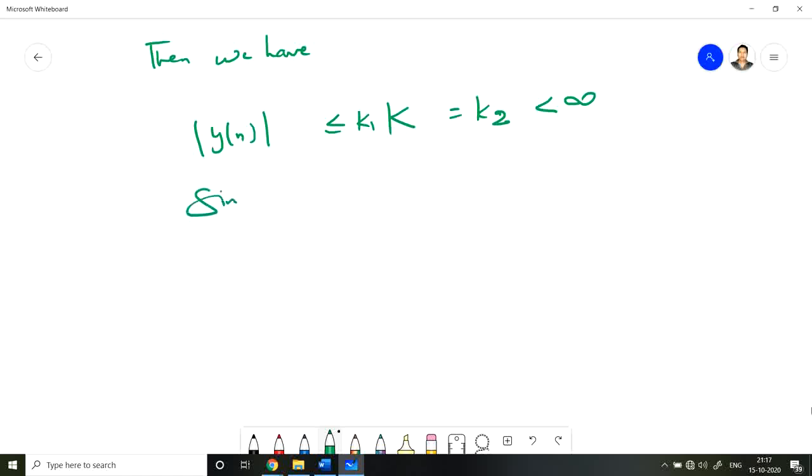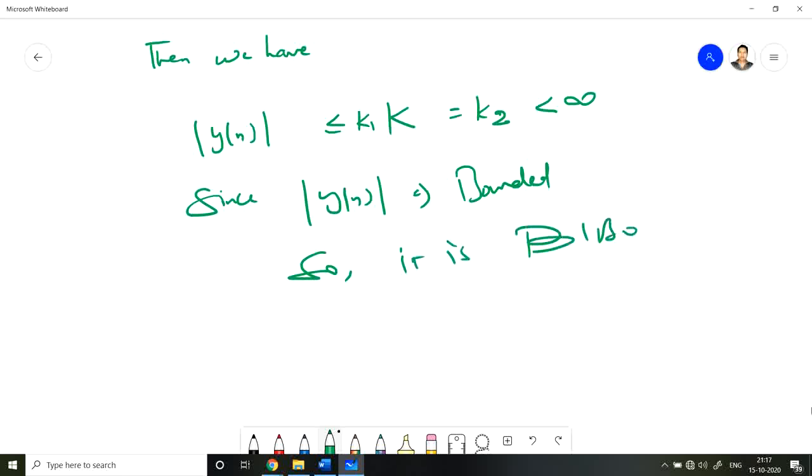Since y[n] is bounded, we can say that it is a BIBO stable system. So this is the condition of BIBO stability of the system.